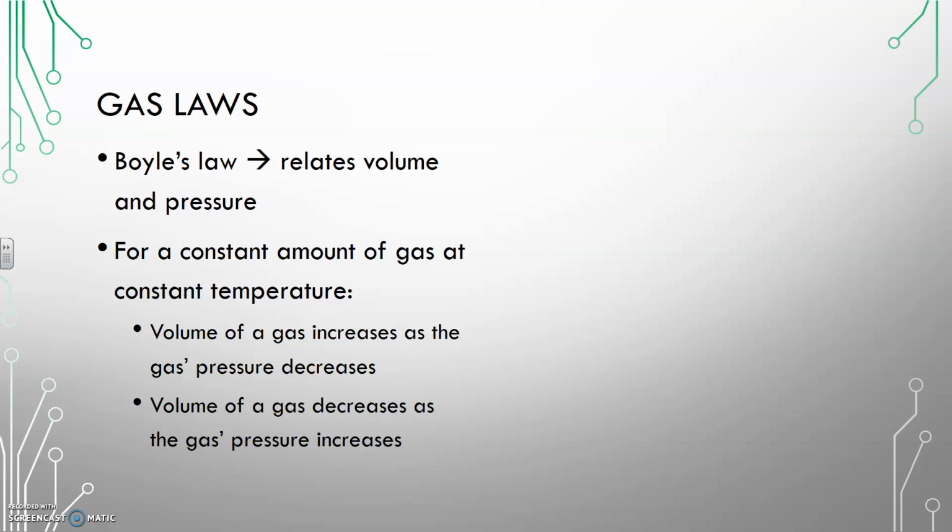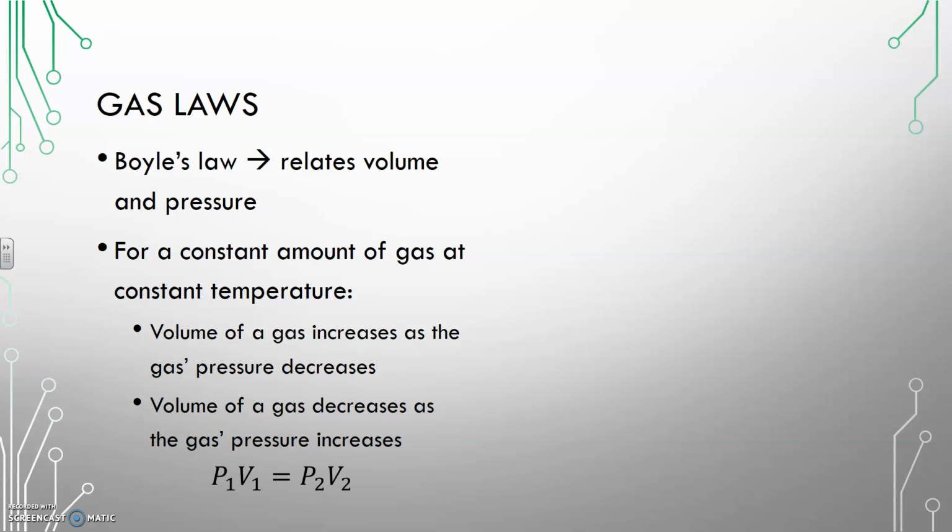That's the example with pushing on the balloon. But if you think about increasing the volume, the pressure is going to decrease because you've got more room for that gas to move around, so it's not going to be hitting that spot on the container all the time or as frequently.